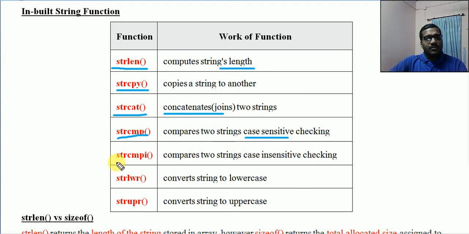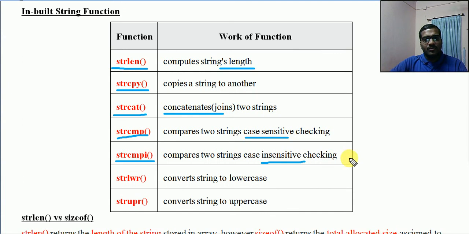Now we have a different format of strcmp. We use another function called strcmpi. This i indicates case insensitive checking. That is the opposite of this. So for example, if a name is given, friend in capital letters for string 1, and friend in small letters in a second variable string 2.